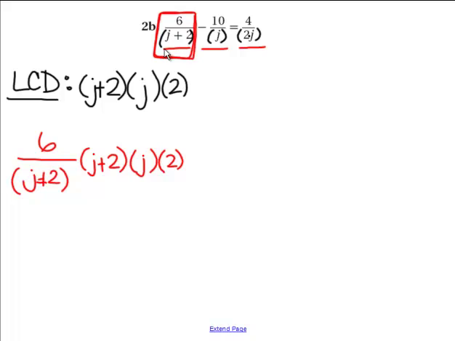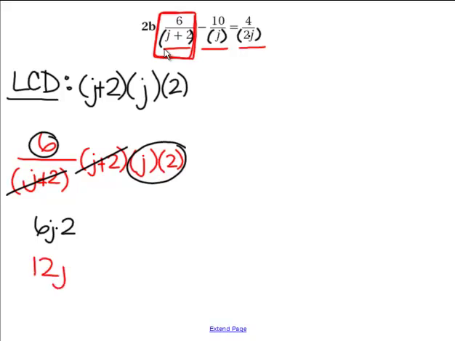We do not need to do the same thing on both the top and the bottom, but that only works when you have an equation. So we can see that j plus 2 crosses off, and I am only left with 6 times j times 2. If we totally simplify this red fraction, we end up with 12j.